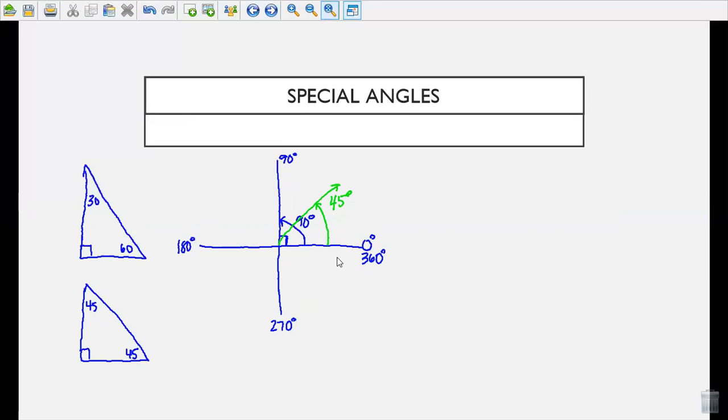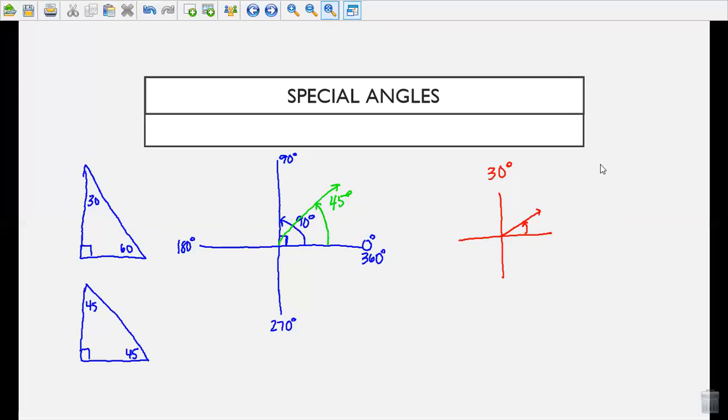Your 30-degree angle is going to be smaller. To graph 30 degrees, I draw an XY axis, and it has to be less than 45. Specifically, 30 is one third of 90, so I go about a third of the way into that quadrant and draw a ray from 0, representing 30 degrees.